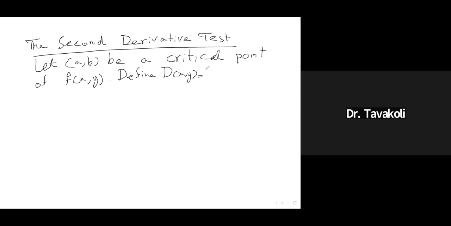It is the second derivative with respect to x of x and y times the second derivative purely with respect to y of x and y, minus the mixed second derivative with respect to x and y, meaning that first I differentiate with respect to x, then with respect to y.